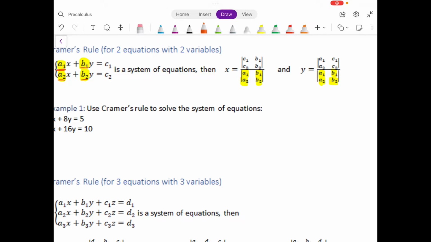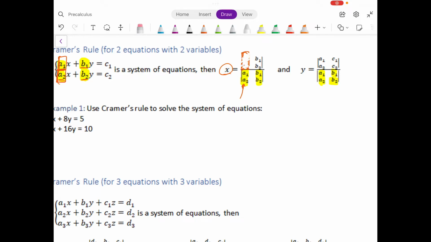Then to find x, what we do, take a look at this. We're going to rewrite this whole thing here, a sub 1, a sub 2, b sub 1, b sub 2. So right now, my numerator and denominator are exactly the same. But to find x, what we do is we take out the x coefficients.